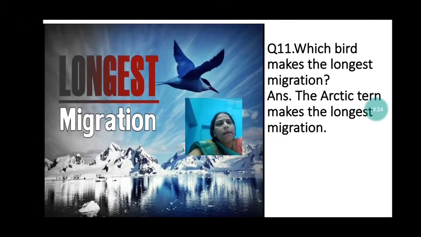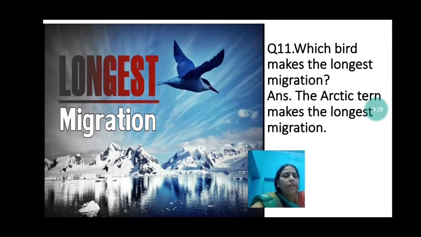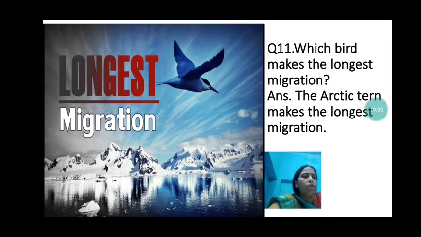The Arctic terns make the longest migration from the North Pole to the South Pole every winter and return to the North Pole when the weather turns warm. Every year they fly over 35,000 kilometers.